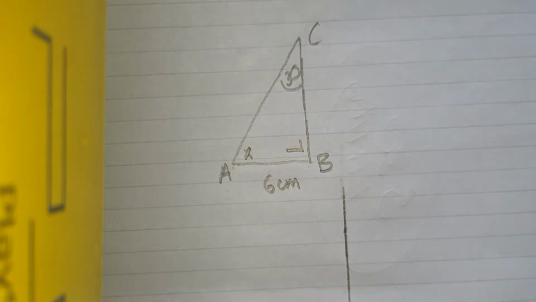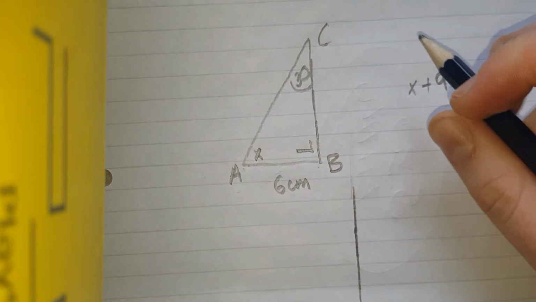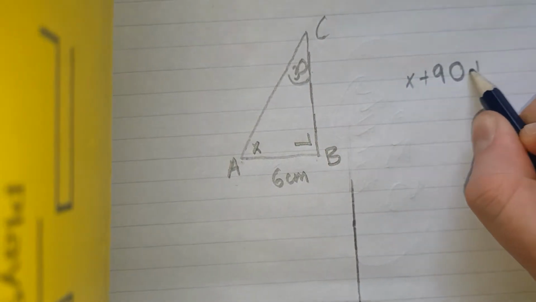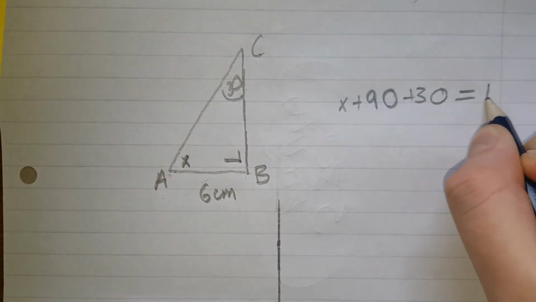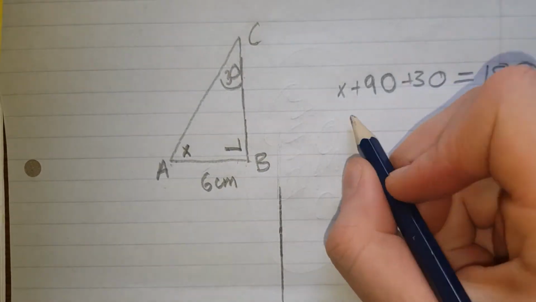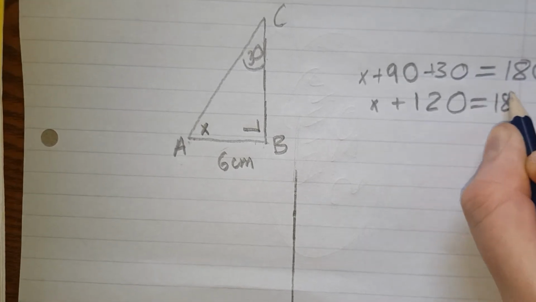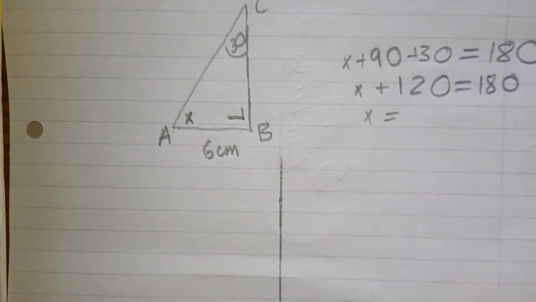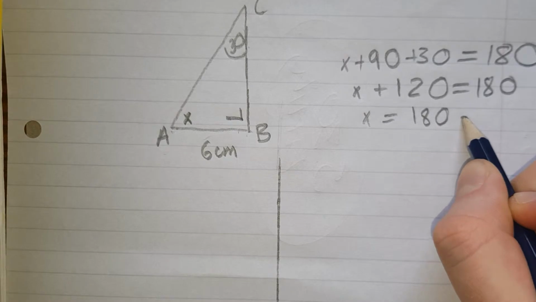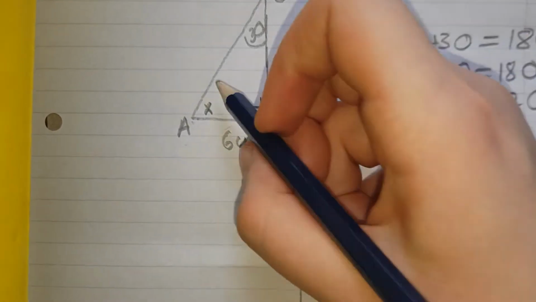So if we call that x, x plus our right angle, which is 90, plus this acute angle, which is 30, has to add up to 180 altogether. So this one and this one together add up to 120. So what's the difference between 180 and 120? This angle here will have to be 60.